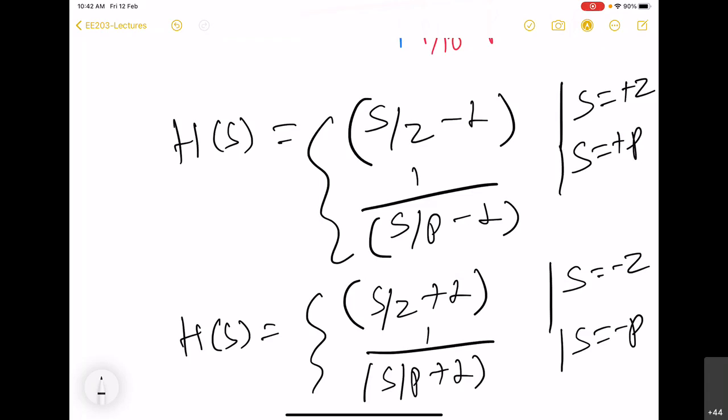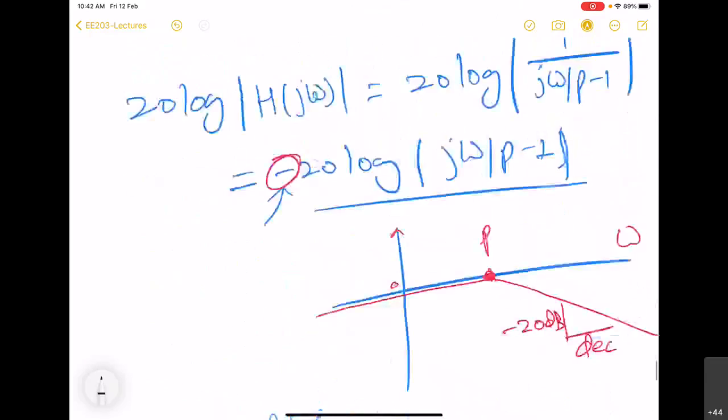So if we have a pole and 0 at negative frequency, how is the approximate plot of this transfer function going to get modified? Right. So we can go back to this negative case and try to see what will happen.